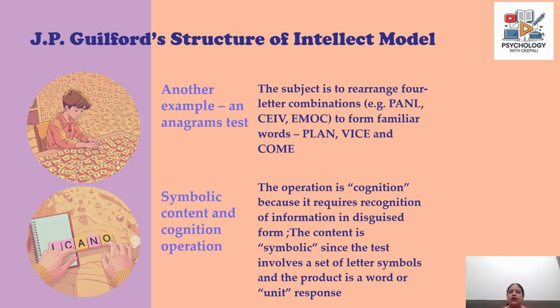And if the person unjumbles it correctly, then it should form familiar words like plan, wise, and come. Now, the operation that the person is performing here is cognition because it requires the recognition of the information in a disguised form, because the information is not directly given. The content is symbolic since the test is using symbols, that is letters. And the product is a word or a unit of response.